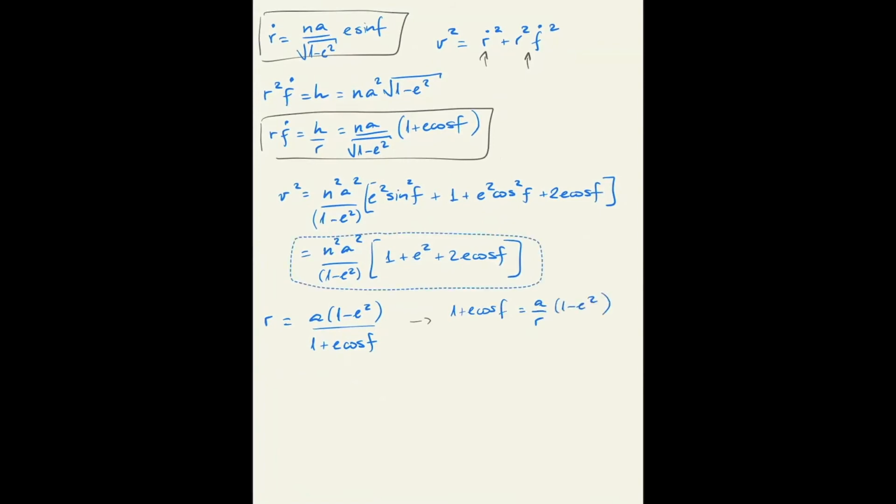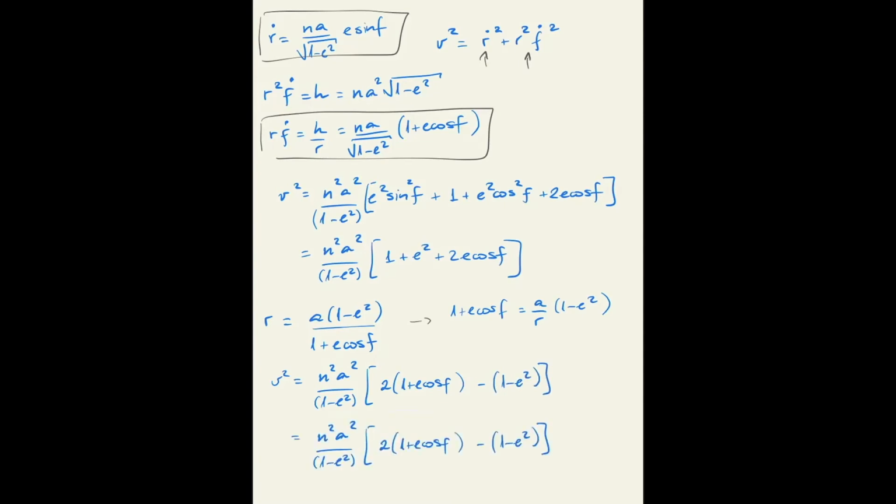And this expression for the velocity, you can write as, you have a 2 in here, so you can sum 1 and subtract 1 to then have twice 1 plus e cosine f minus 1 plus e squared, or to put it under the same parenthesis, minus parenthesis 1 minus e squared, and then substitute the 1 plus e cosine f by a over the radius vector times 1 minus e squared.